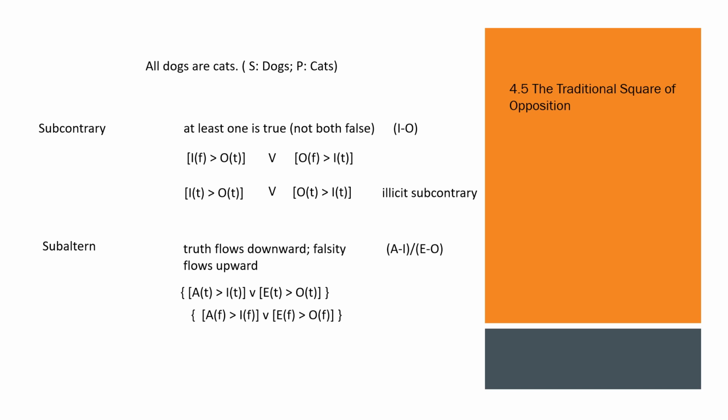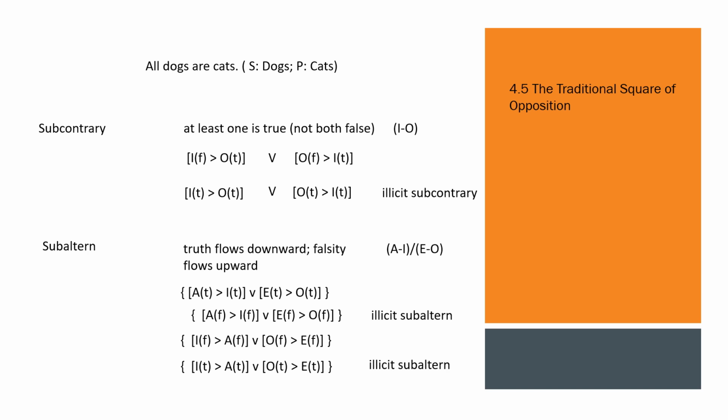And the problem is if the universal is false, we cannot conclude immediately that the particular is also false, because that is going to be an illicit subaltern. But if the particular is false, then the universal follows, and it's going to be different if you start with true particulars and end with true universals. So that's how the relationship here works.